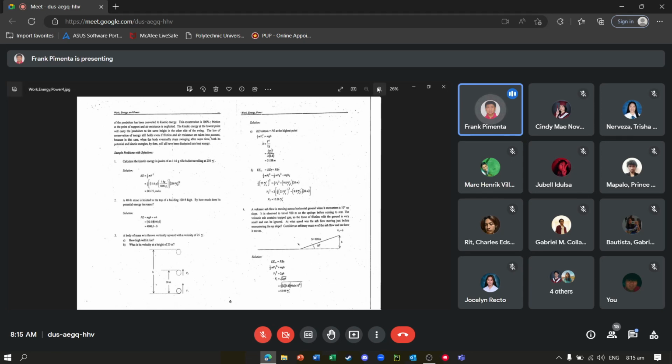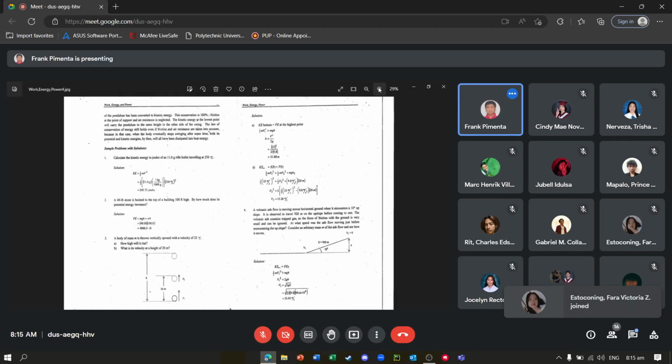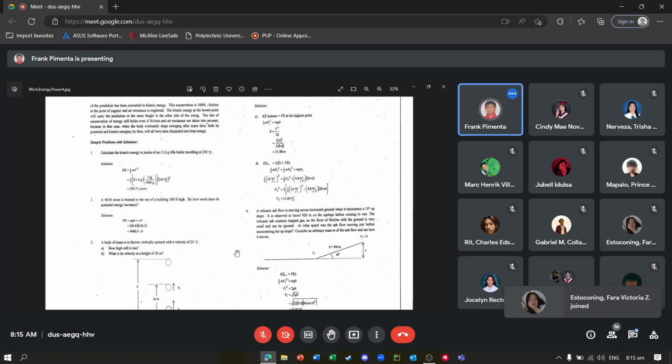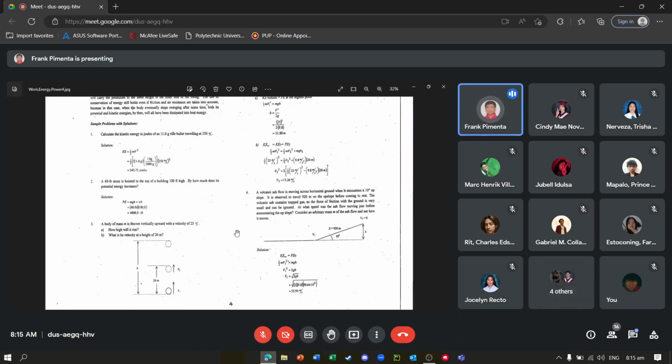In reaching the maximum height, what will be the velocity? When it reaches the highest point, the velocity is 0. So here is the maximum velocity, and there is the zero velocity. Since the body started from the ground, this will be our elevation, h equals 0, because it started here.